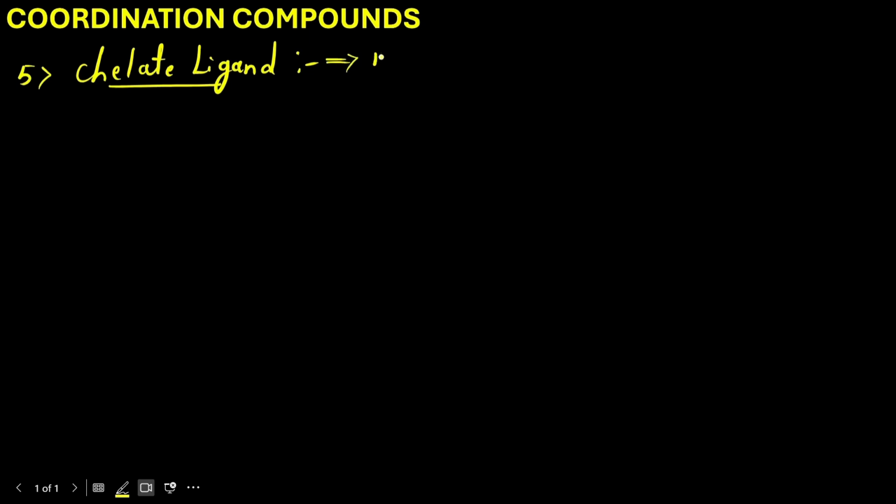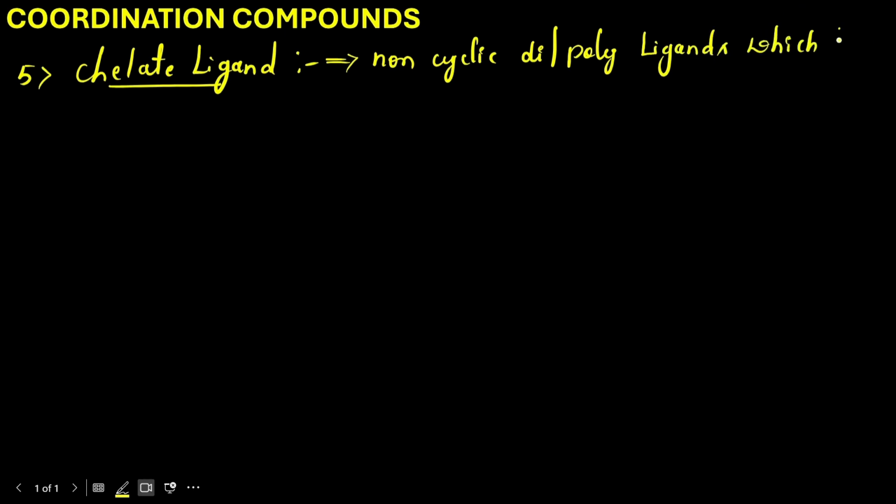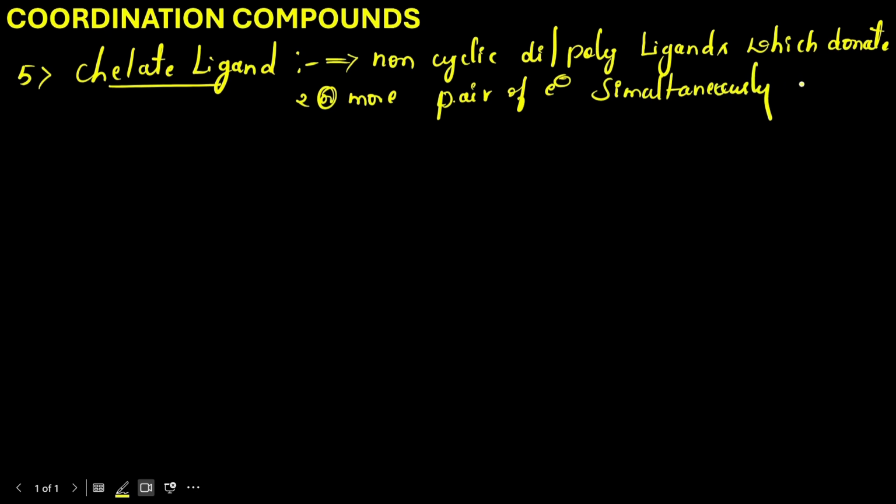These are non-cyclic di or polydentate ligands which donate two or more pairs of electrons simultaneously to the central metal atom to form a ring-like structure.